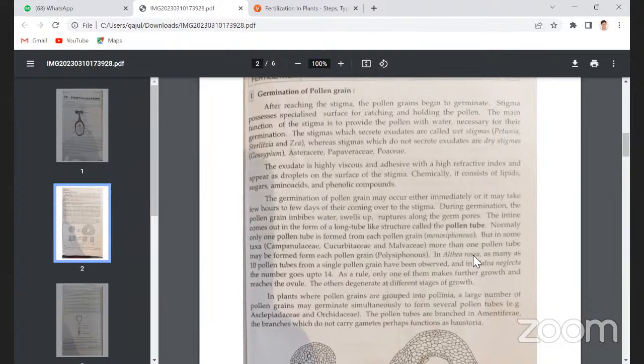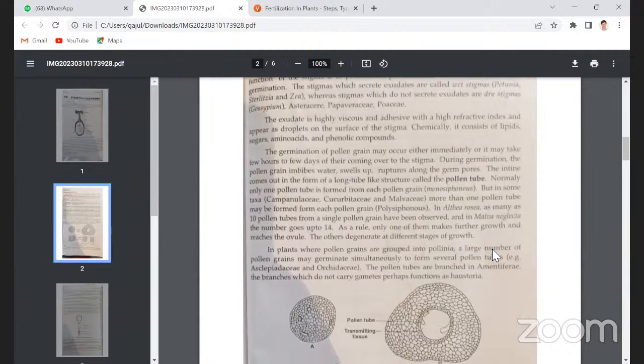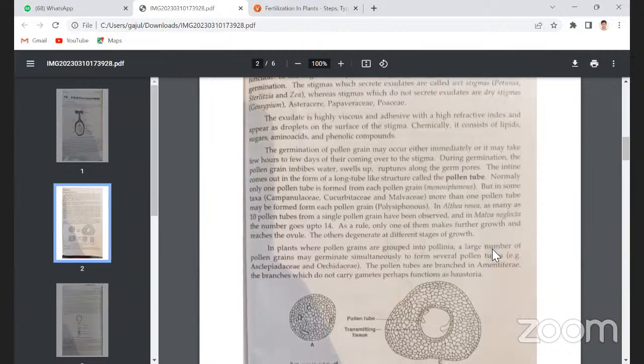In some taxa, especially Malva neglecta, the pollen tube number is 14. Generally it may be 10, 20, 30, 40, but only one pollen tube reaches the ovule. The other pollen tubes degenerate at different stages of growth.